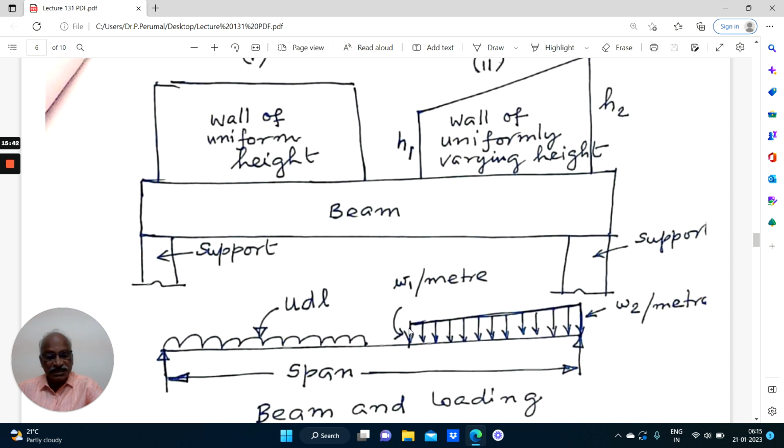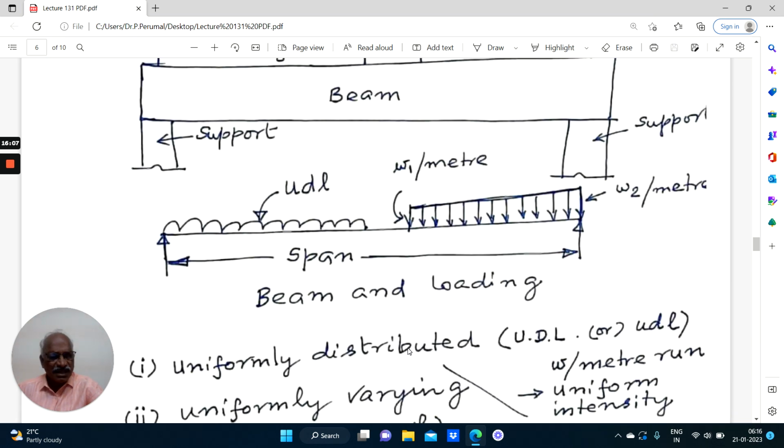Either you can consider this as a rectangle and a triangle, or two triangles: one with this as the base, joining this point, and the next triangle with this as the base, connecting to this point. So you can consider this area as consisting of two triangles, or a rectangle and a triangle. These are all simple but very important.